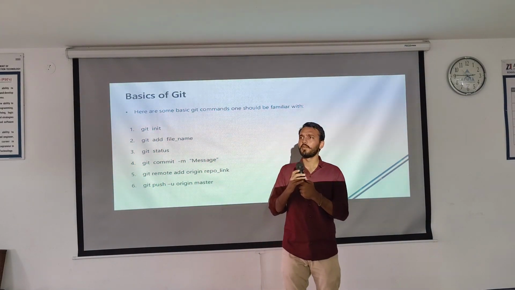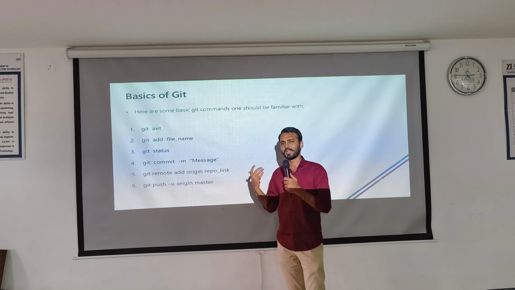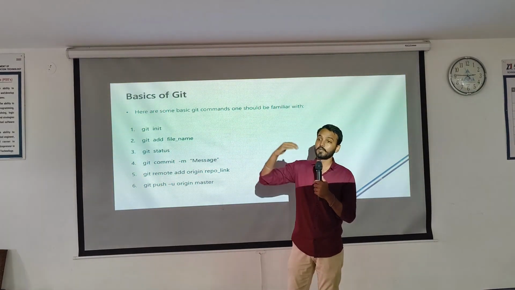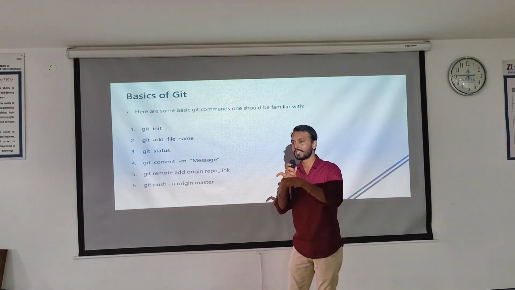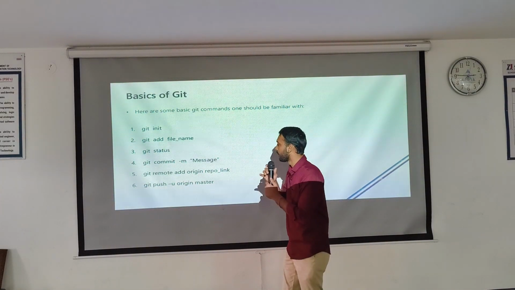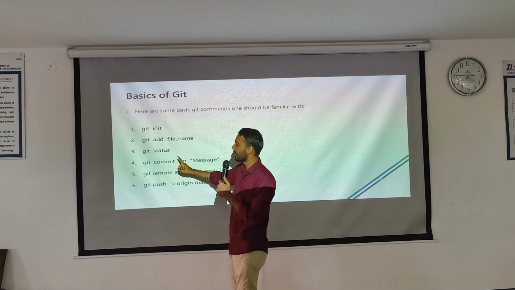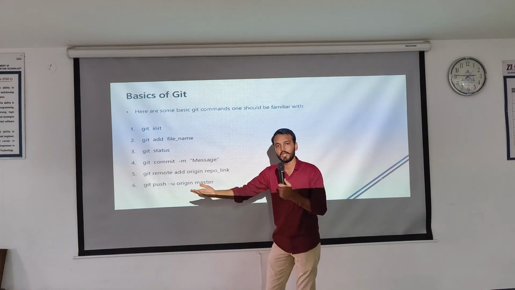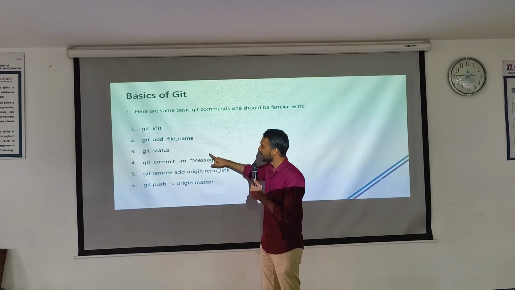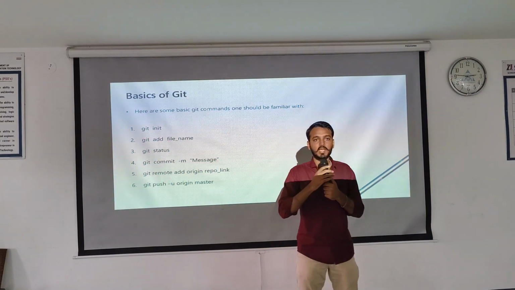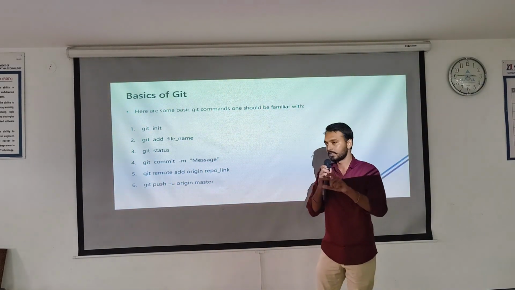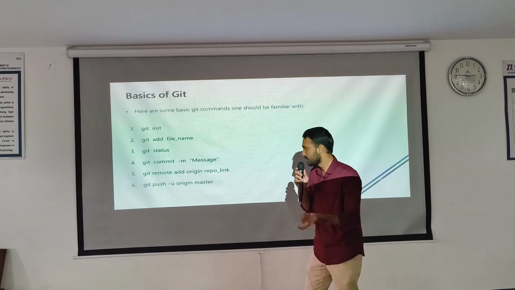If I push the code without any message and after that there is an error, we will not be able to find out which commit has made that error. We have to find out which commit made the error or which commit is working fine. So that is the reason we give a message with the commit. Okay, this is the commit I am giving for this reason. This is the particular reason why I am giving the message.